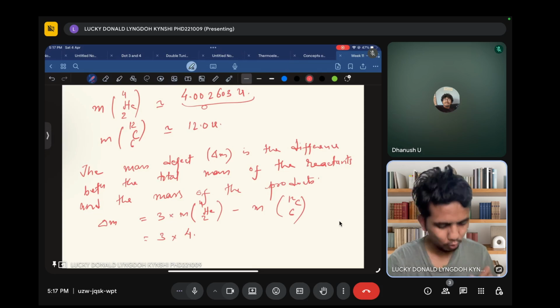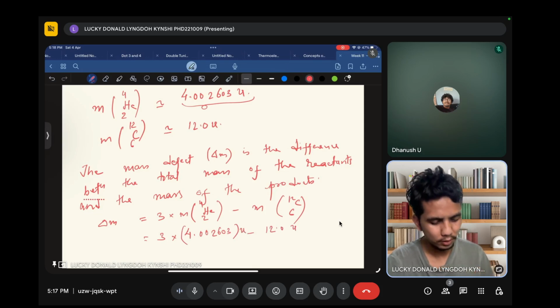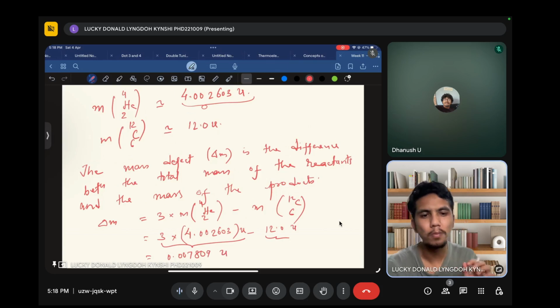Remember the unit is U. Now if you multiply and then subtract, you will get a mass difference of 0.007809, which is very small.